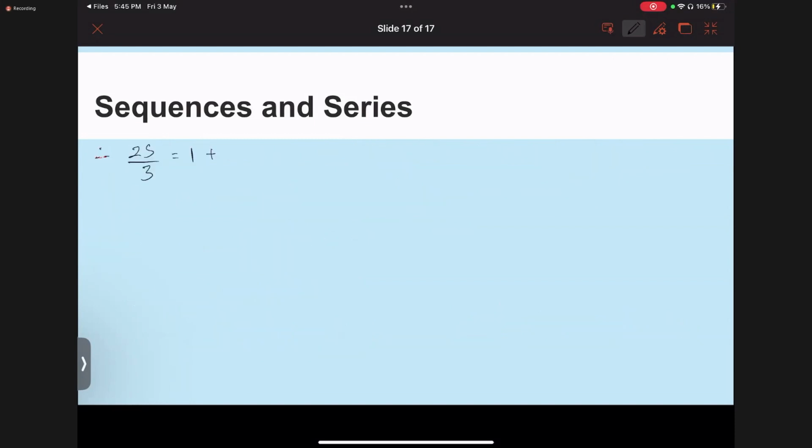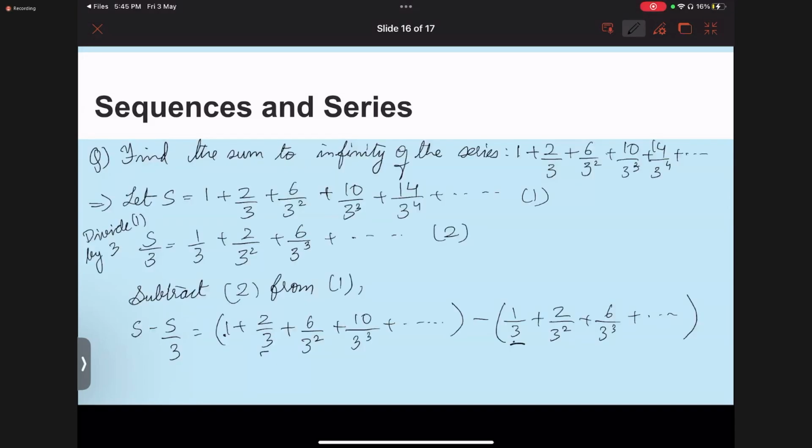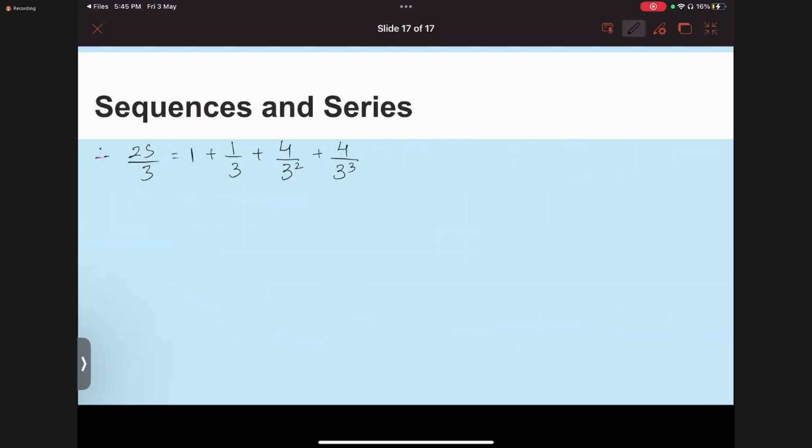So then what you get is 1, plus 1 by 3, plus the next one will be 4 by 3 square, plus 4 by 3 cube. Okay, because 6 by 3 squared minus 2 by 3 squared is going to give you 4, and 10 by 3 cube minus 6 by 3 cube is going to give you 4 by 3 cube. Okay, and this will go on.